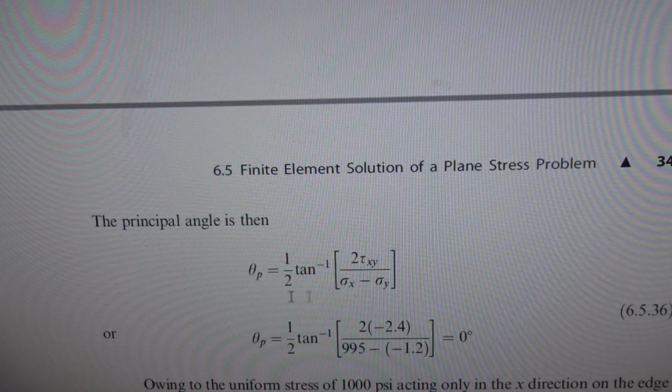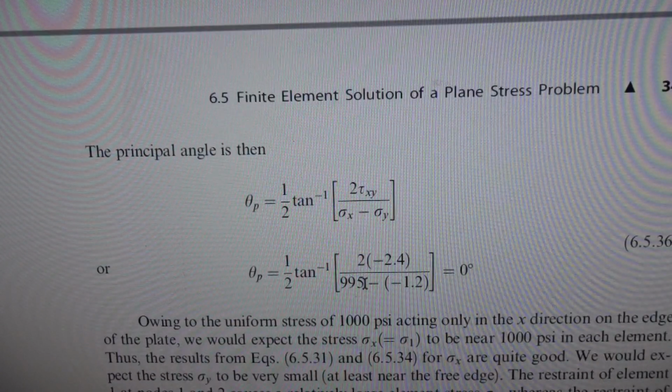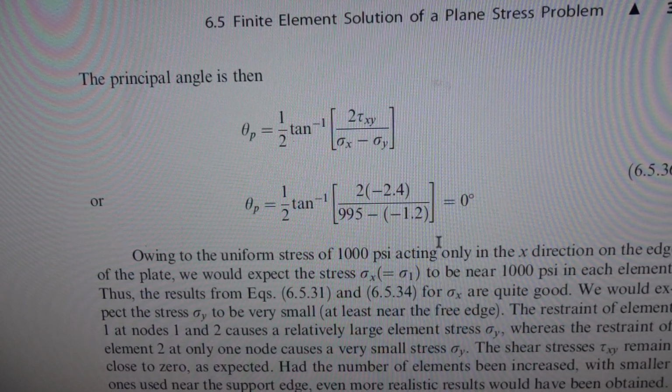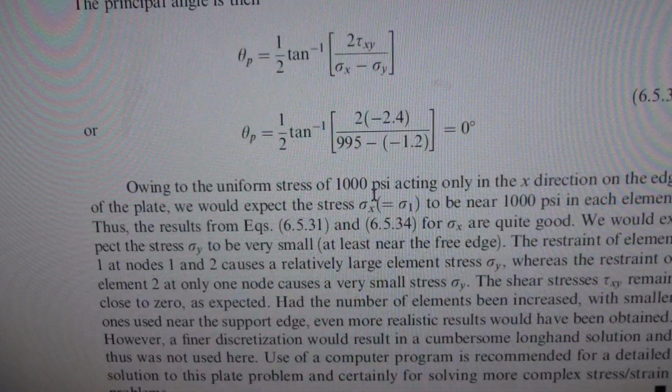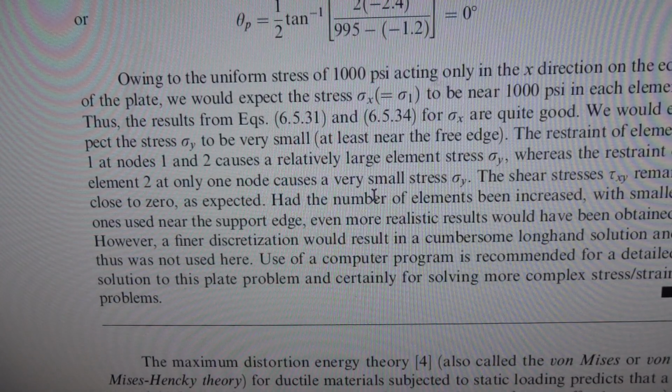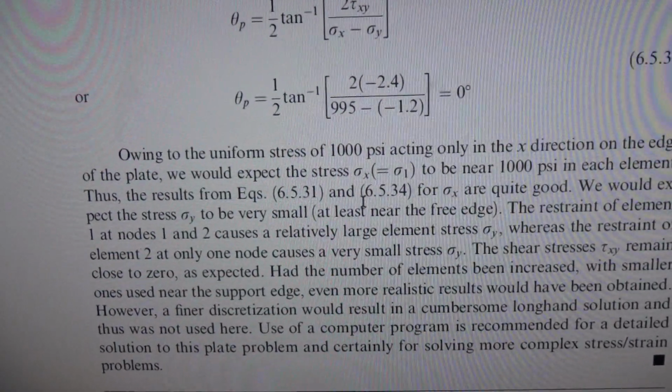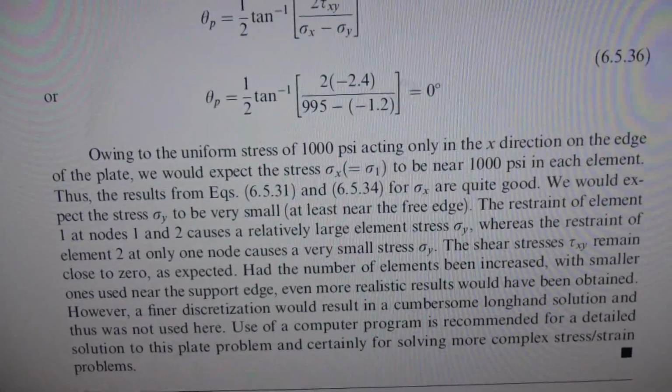You know the formula, you use it, and you get 0 degrees. It means there is no shear stress on the x planes, so these become the principal planes. So this is the solution, how to solve the problem with the CST element.